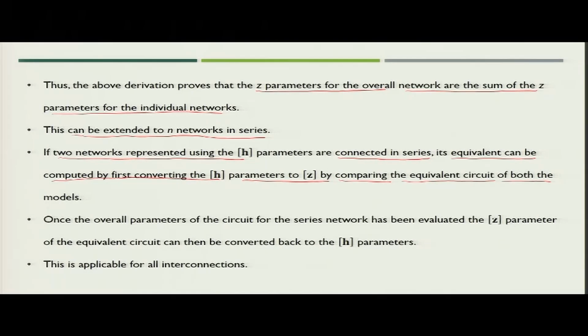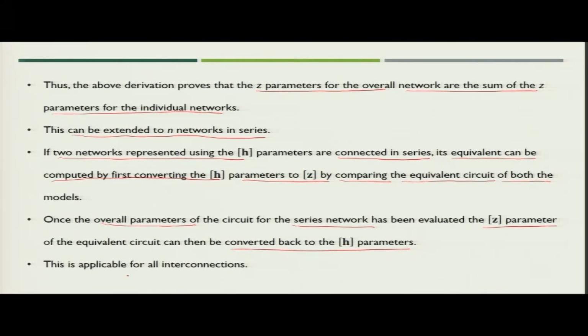Then, once we have the z parameter of the overall series network, we can convert it back into h parameters.